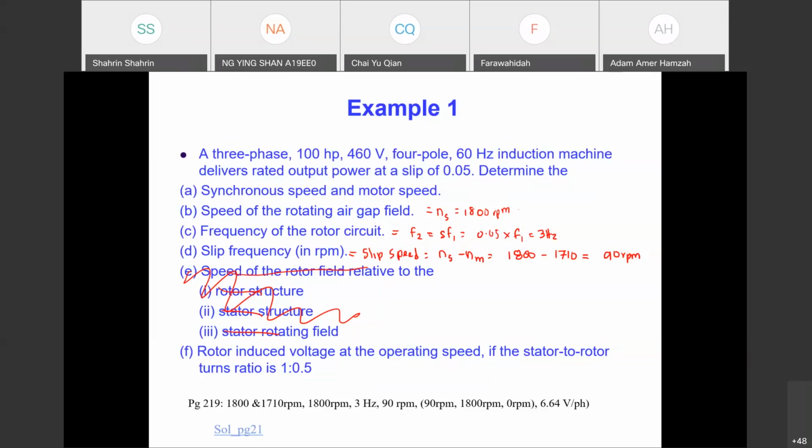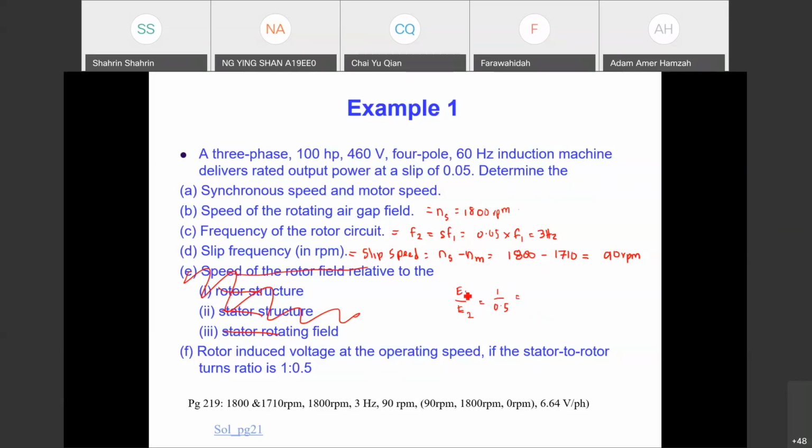Okay, so I think it's actually like a transformer. We have voltage induced at the stator over voltage induced at the rotor during standstill. Okay, E2 is actually the voltage induced at the rotor during standstill, no rotation. It's not started rotating. So it's equal to 1 over 0.5. This one is actually the ratio of the winding.